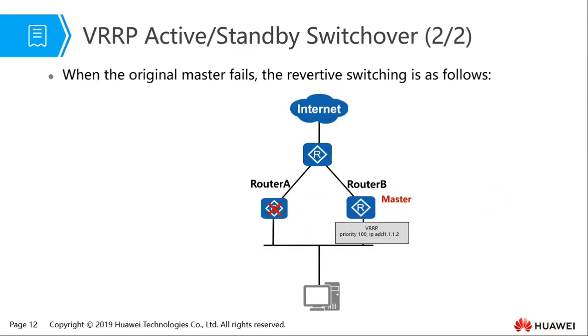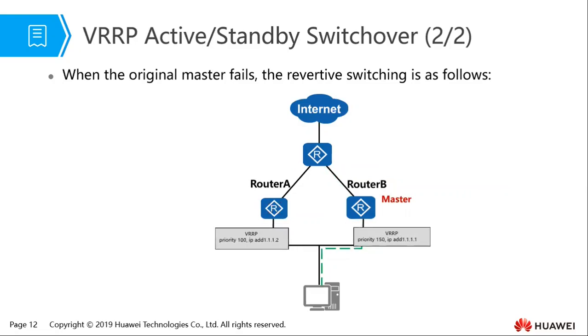So what is happening here? When the original master fails, the switching is as follows. Okay, so what happens when router A comes back to functioning?